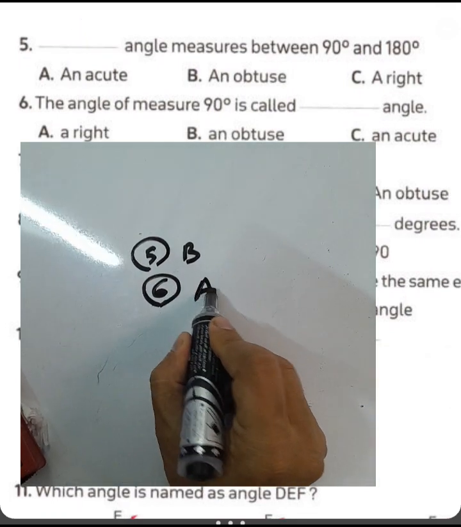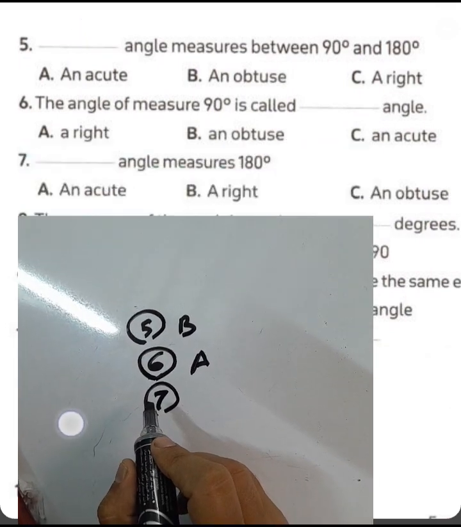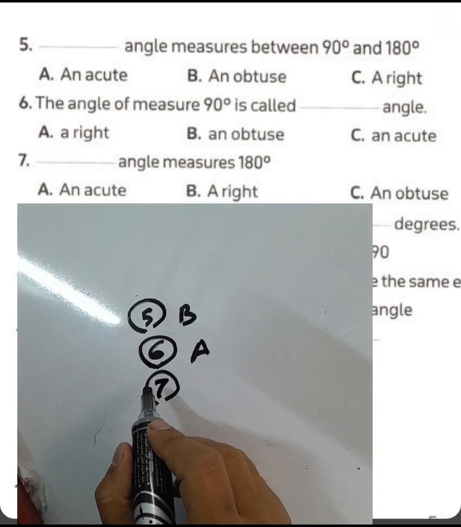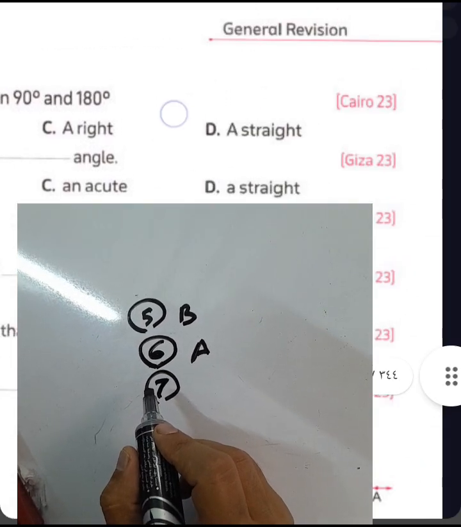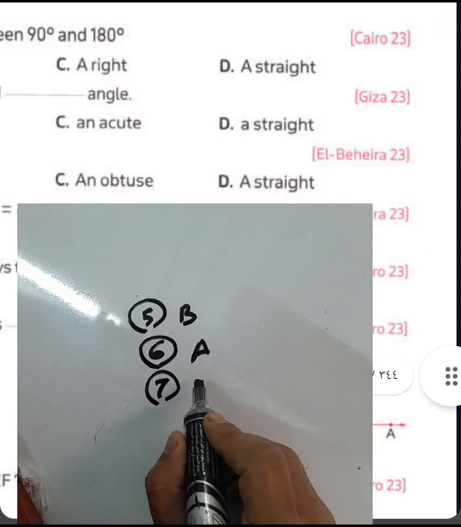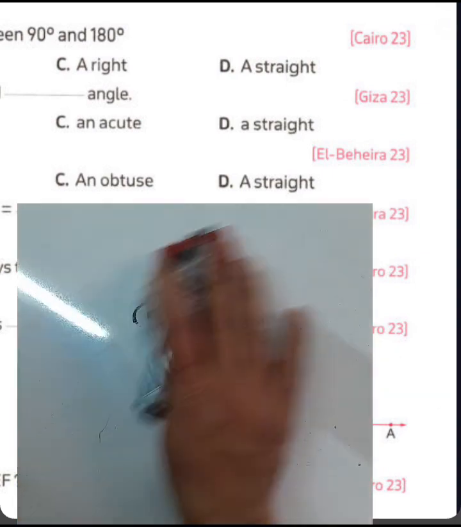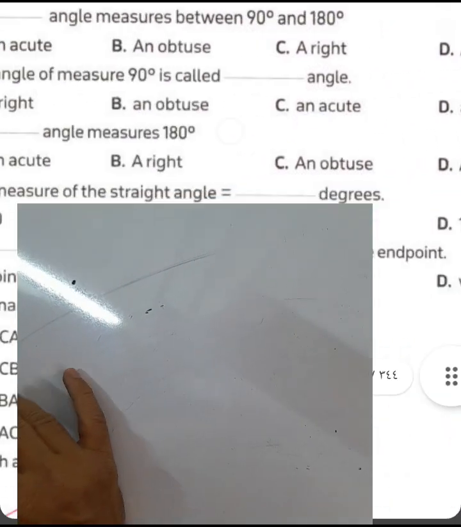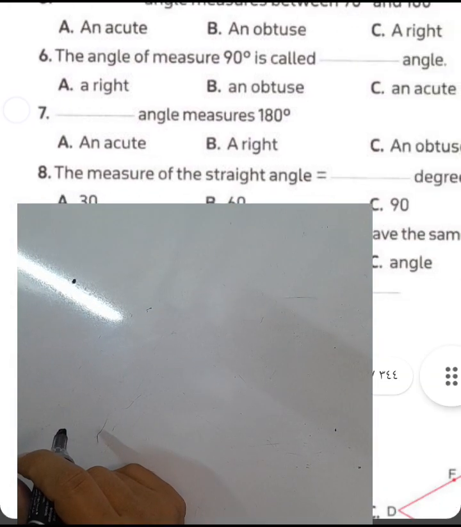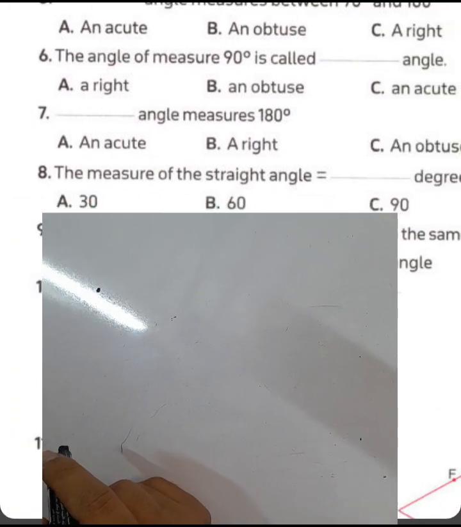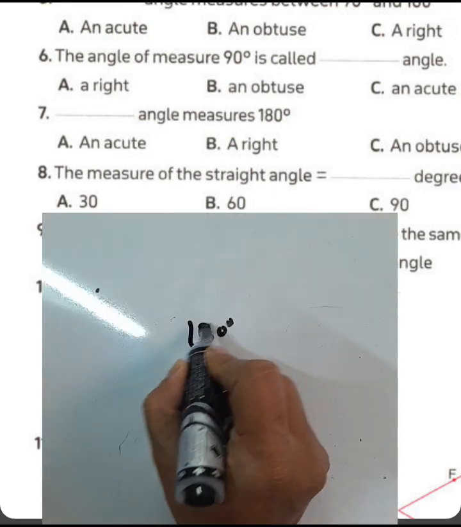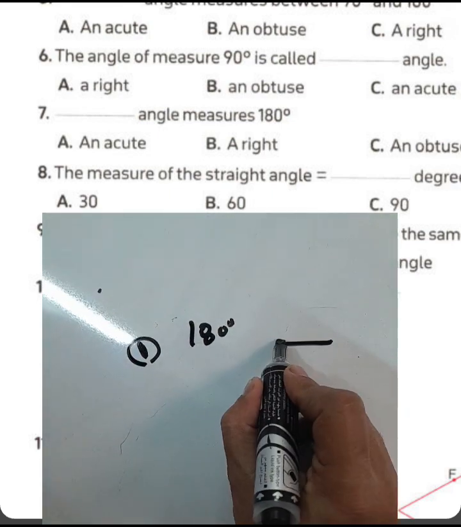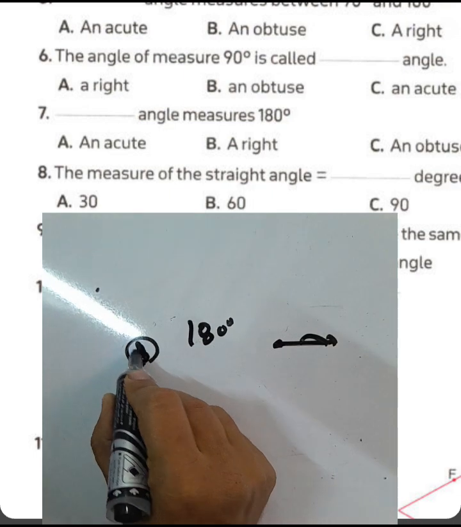Choose letter A. Question 7. An angle measuring 180, we call it a straight angle. Choose letter D. Next, question number 8. The measure of a straight angle is 180 degrees. The measure of it equals 180.